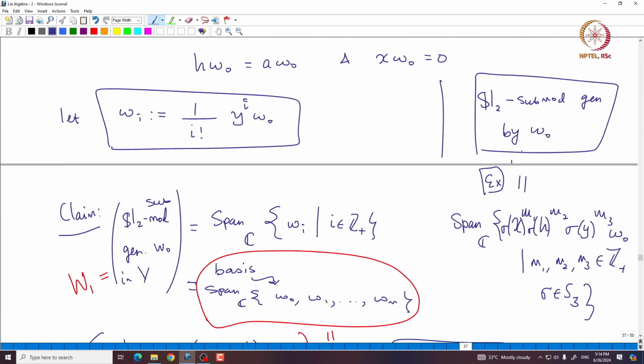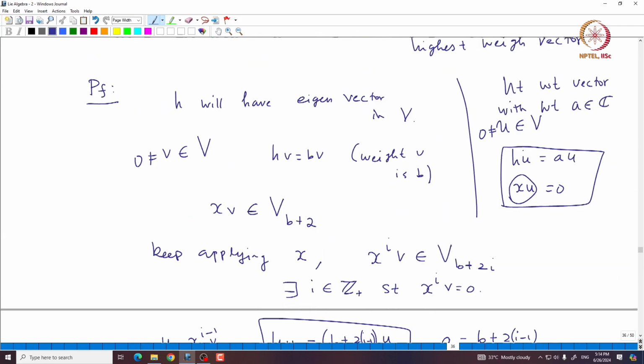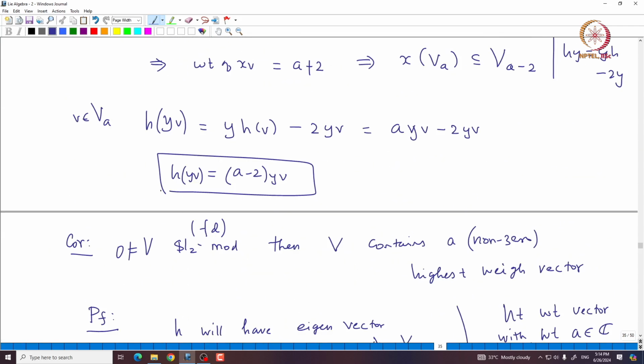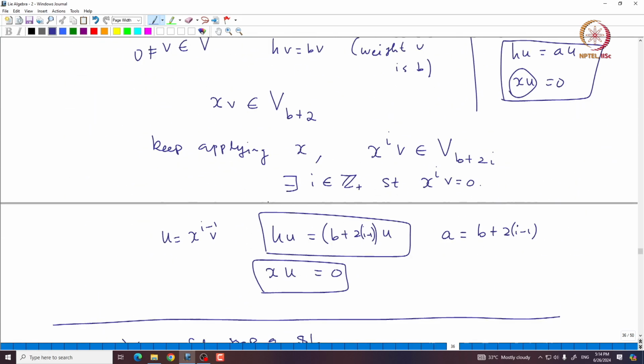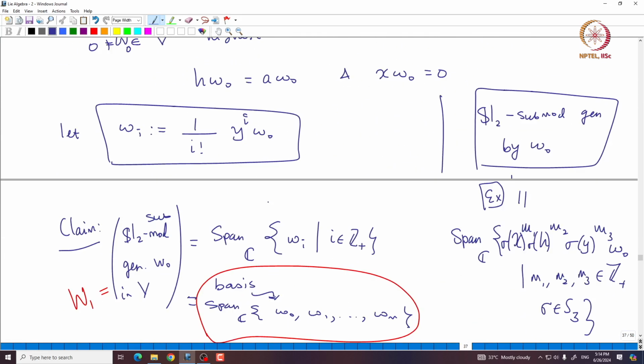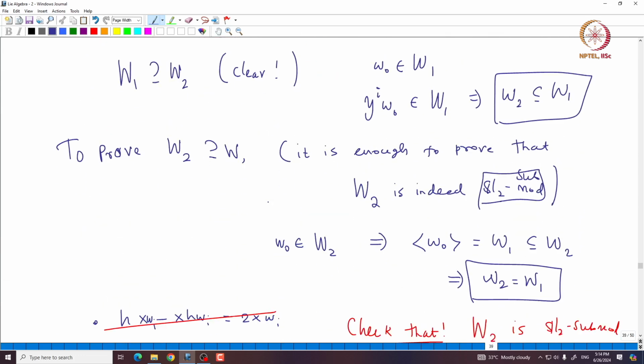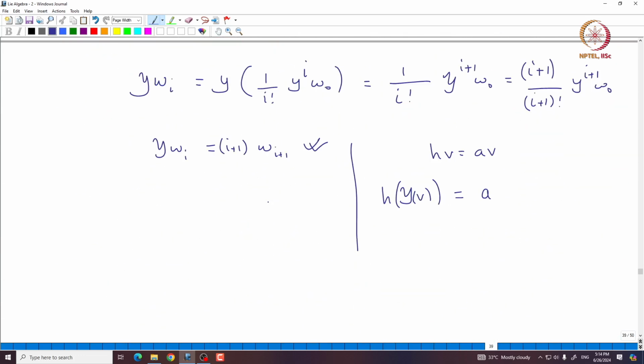Okay, let us check the formula. So, here, h y v is a minus 2 y v. So, if you use that formula, so we get h y v equal to a minus 2 y v.